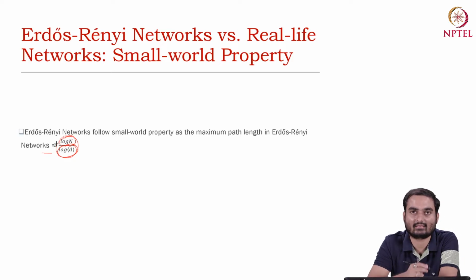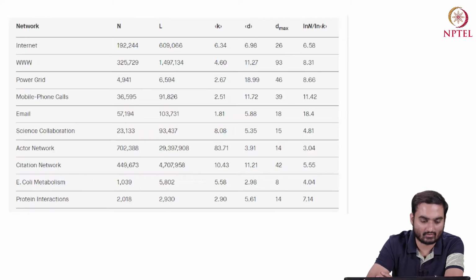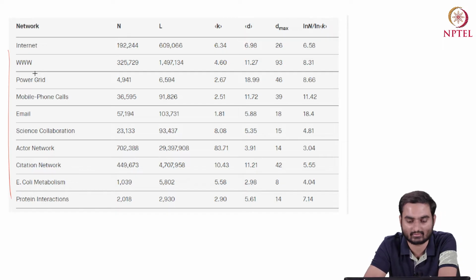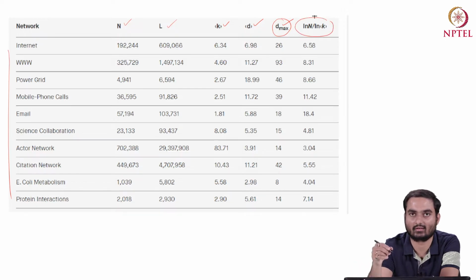Let's see whether this approximation of the average path length is the same as the average path length that we generally see in real world networks. If you look at the statistics here, there are several real world networks, and you see the number of nodes, number of edges, average degree, average path length, and maximum path, which is the diameter of the network, and this is log n by log k.